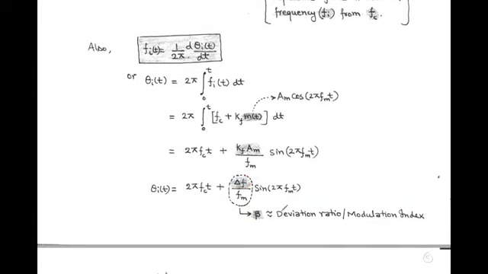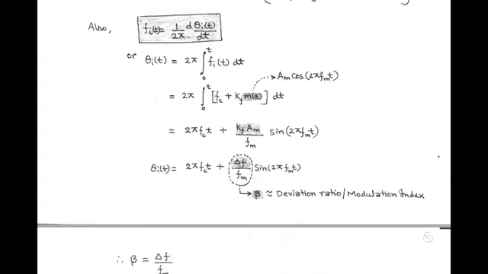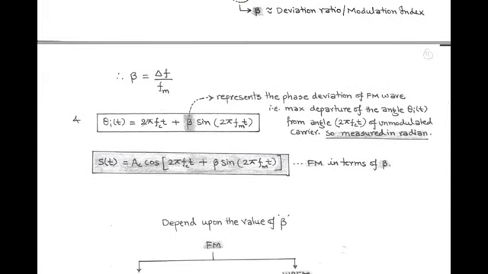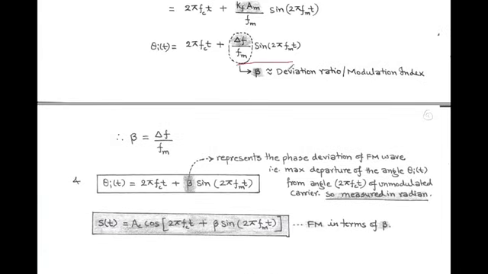Now we get a new ratio, that is delta f upon fm. This ratio is called the modulation index or deviation ratio in case of FM, and this ratio is denoted by beta. So beta is called deviation ratio or modulation index, and its value is delta f upon fm. So the instantaneous angle theta i equals 2 pi fct plus beta sin 2 pi fmt.